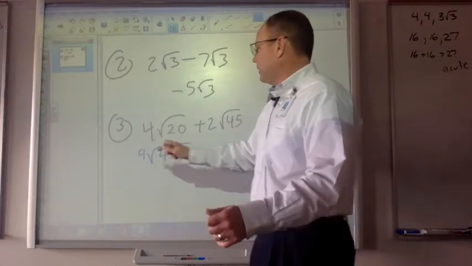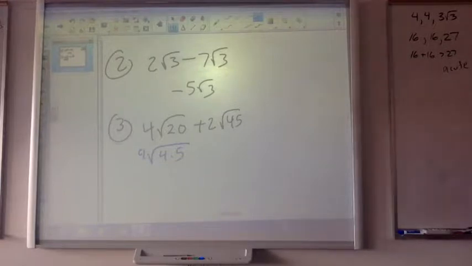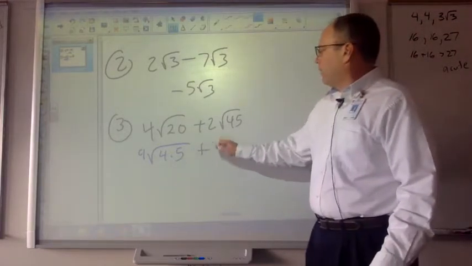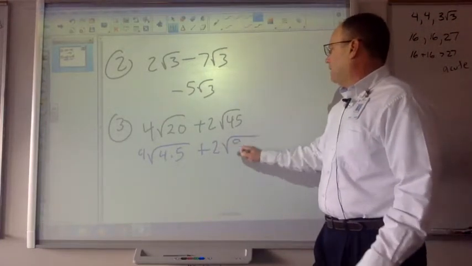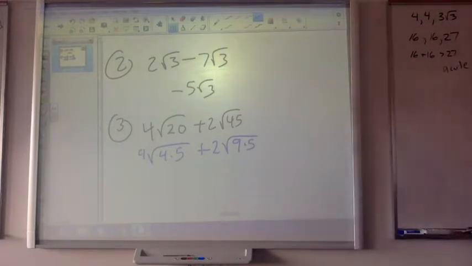And the reason I'm choosing 4 times 5 and not 2 times 10 is 4 is the largest perfect square that goes into 20. Is that information okay? And then for 45, I'm going to break 45 down to 9 times 5. And the reason I'm using 9 times 5 and not 3 times 15 is 9 is the largest perfect square that goes into 45. Is that okay?